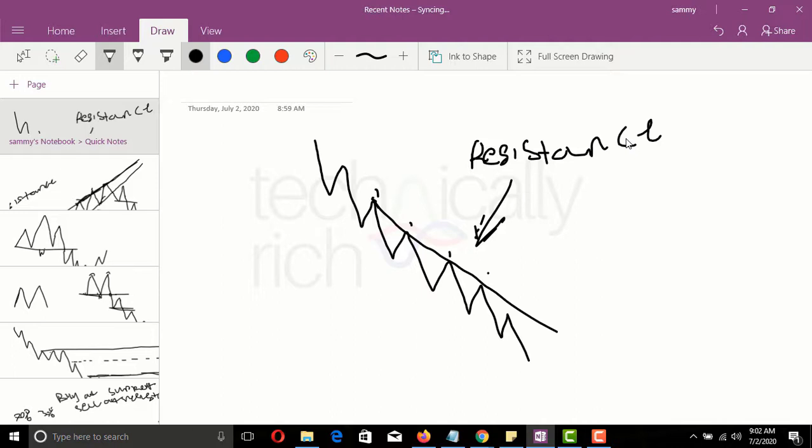Now here you have the dynamic resistance right here.